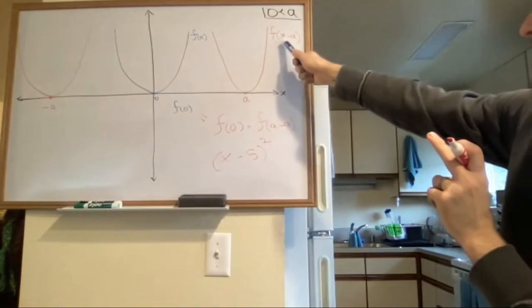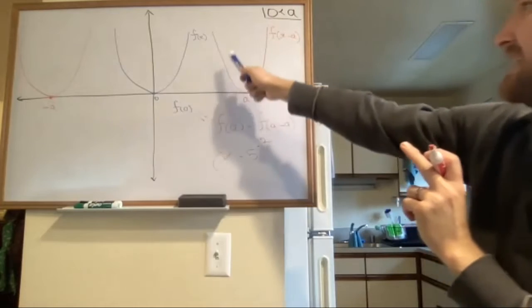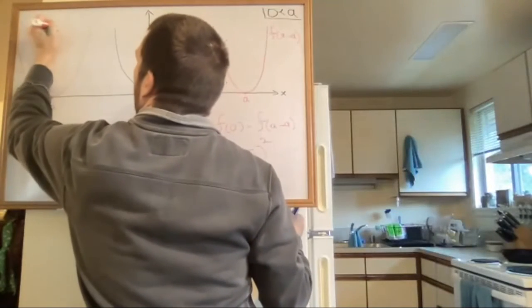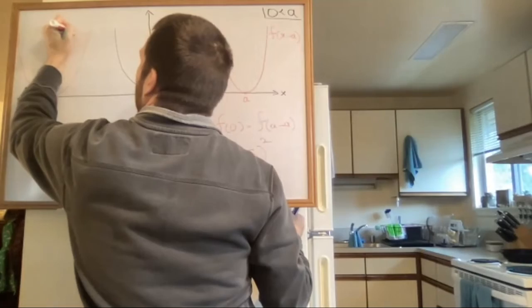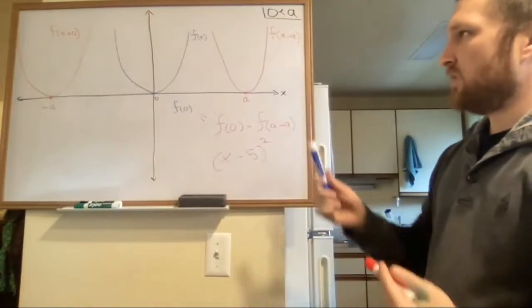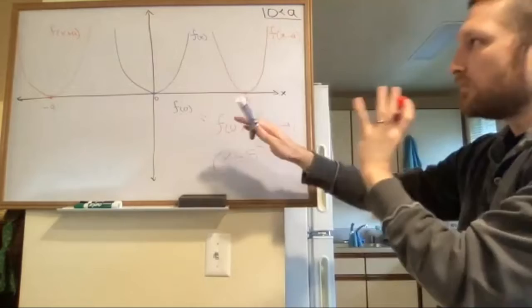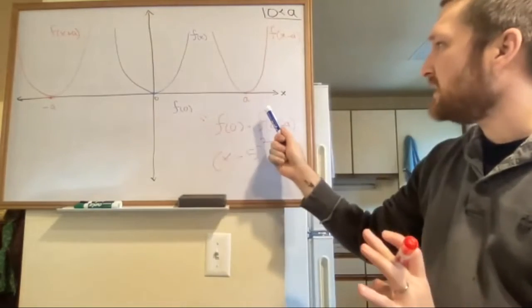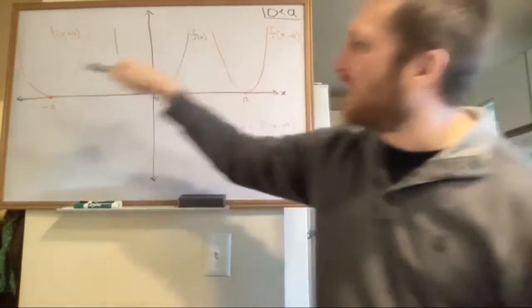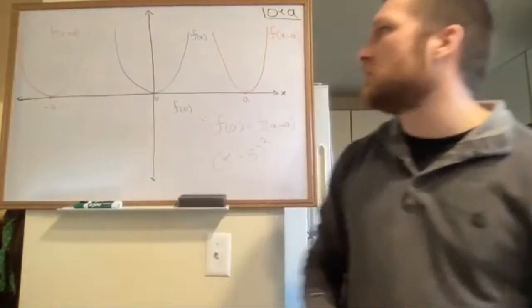If I want to plug in a negative A and get a 0, then this would have to be f of x plus A right there. So this is just a weird thing to remember, right? If you want to shift right, you subtract from the input. If you want to shift left, you add to the input.